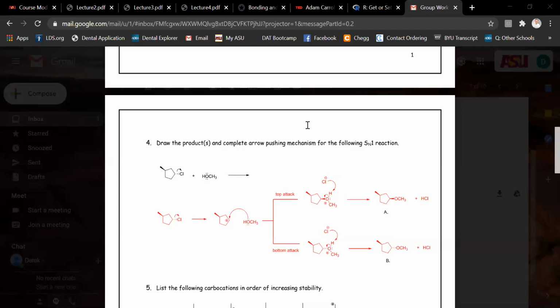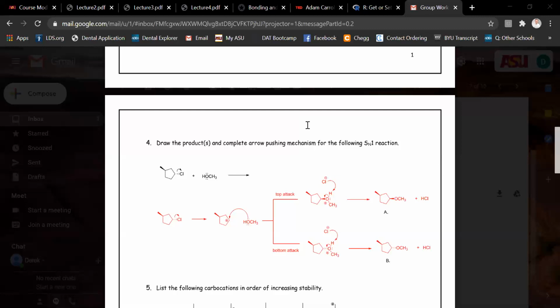All right, and then Lynn said, when the leaving group leaves, carbocation forms and the nucleophile attacks. That's exactly right. Did you have a question specifically about that? No, I'm just clarifying. Perfect. Yep.